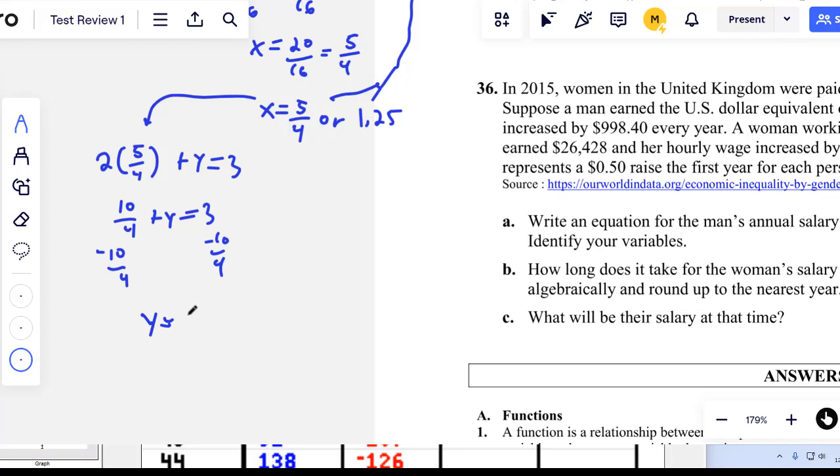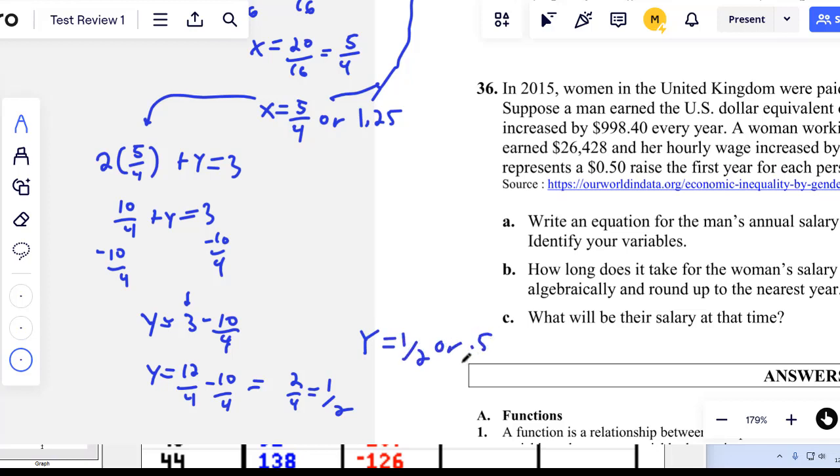And I get y equals 3 minus 10 over 4. Now, if you want to use your calculator, that's fine. I could make this 12 over 4 minus 10 over 4, right? Because 12 over 4 is the same thing as 3. And that would give me 2 over 4, or 1/2, right? So y equals 1/2, or 0.5.